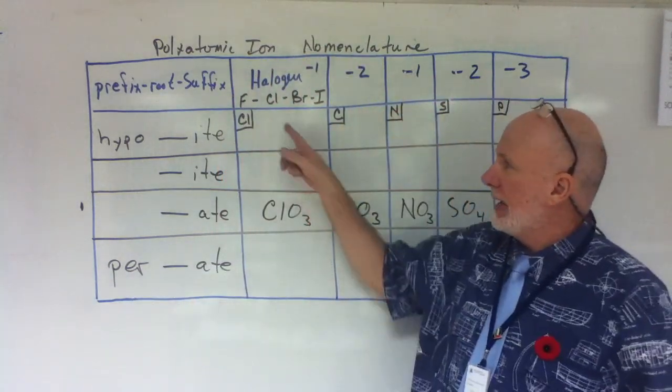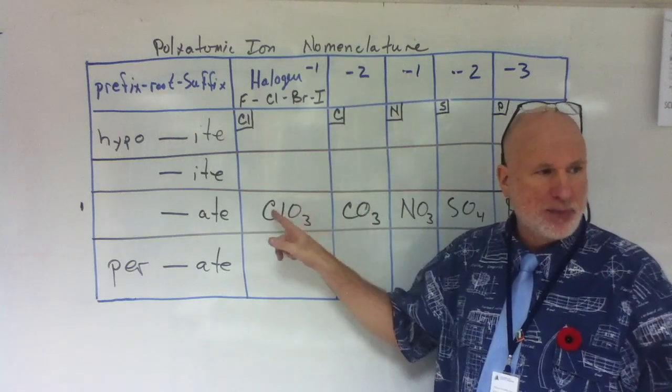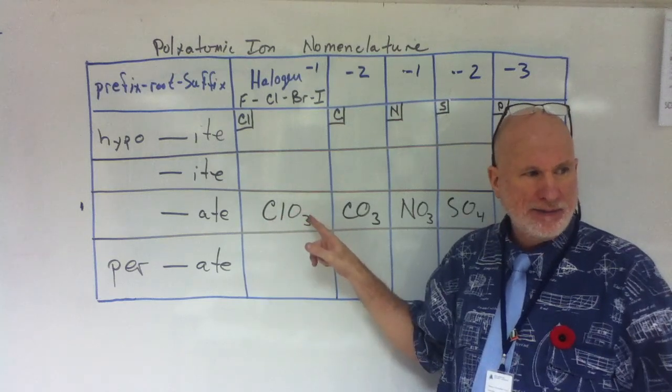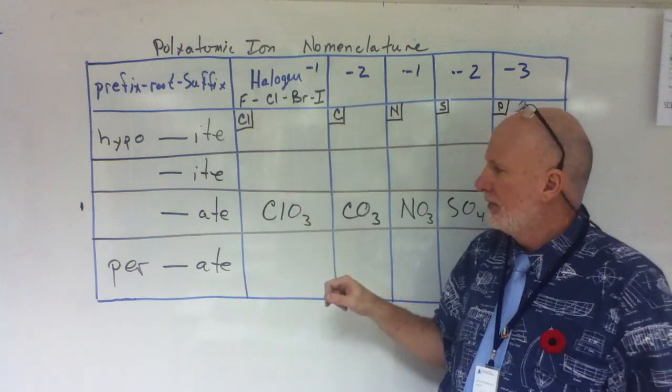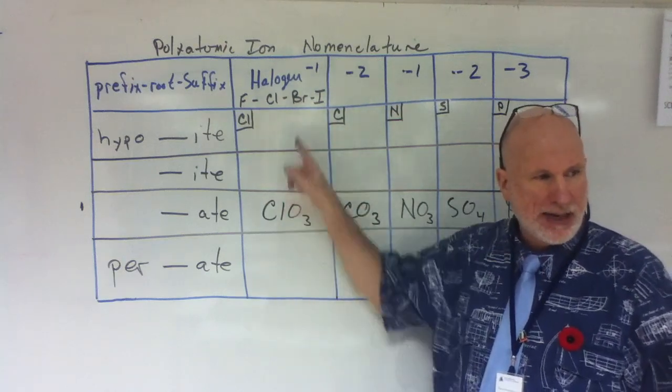So you can literally put any halogen here. This could be chlorate, bromate, iodate, fluorate. Got it? Okay.